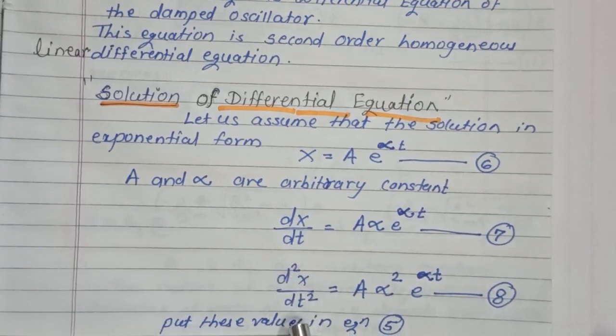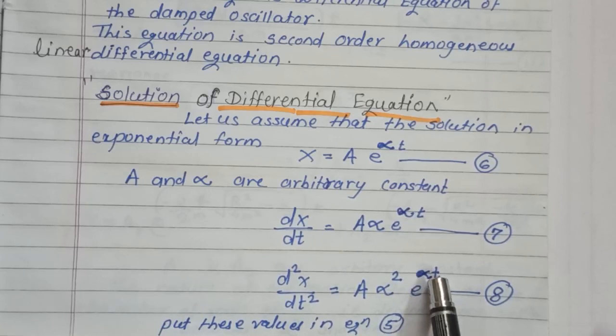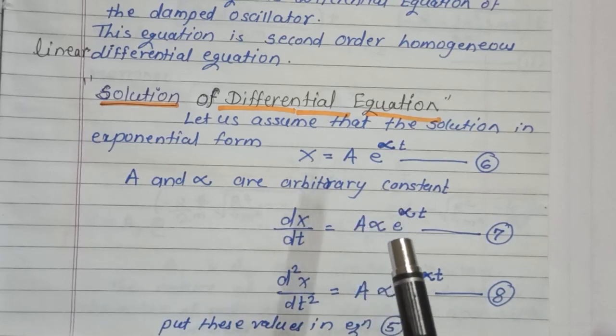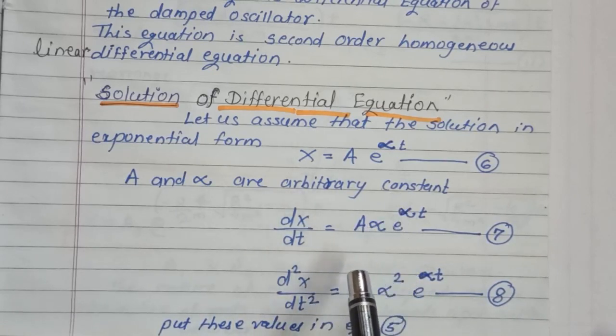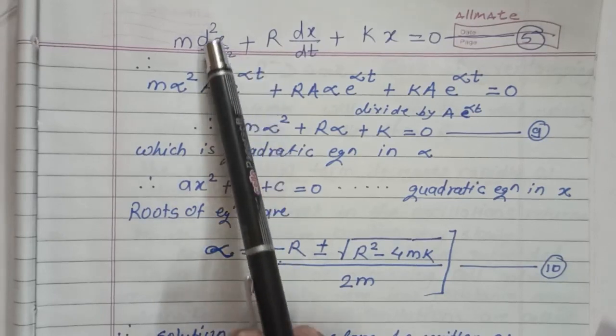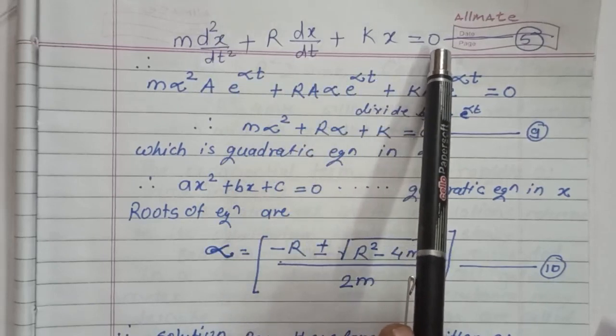d2x by dt square is equal to a alpha square e raised to alpha t, equation number 8. Put these values in equation 5, the differential equation of the damped oscillator, m d2x by dt square plus R dx by dt plus kx is equal to 0.